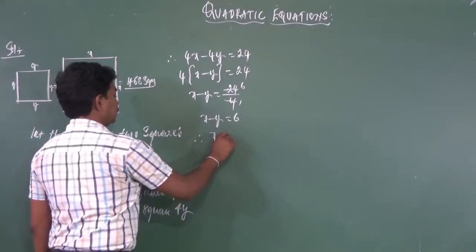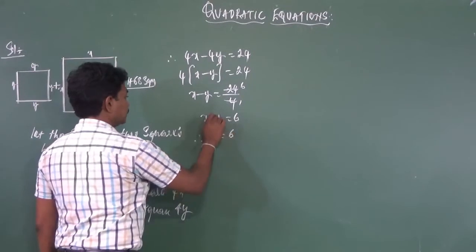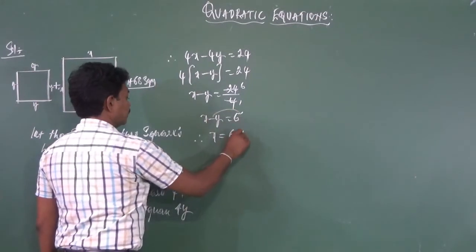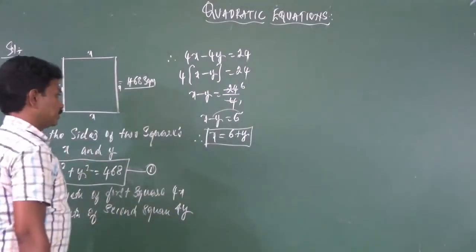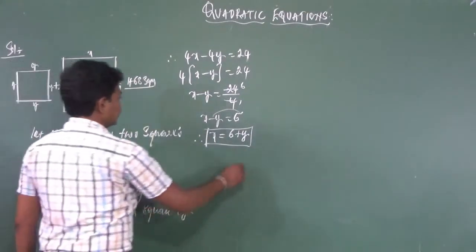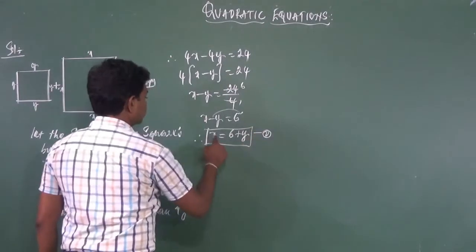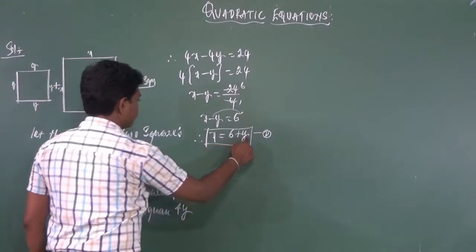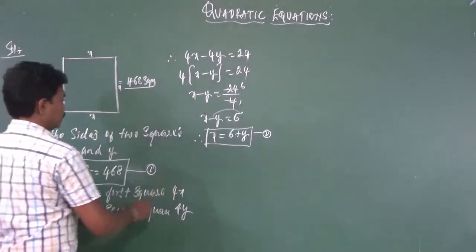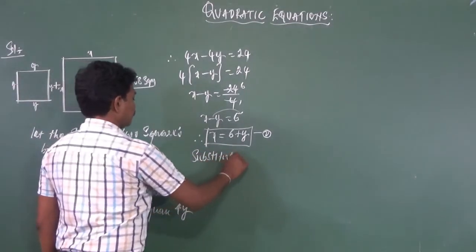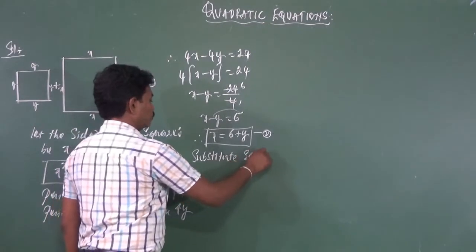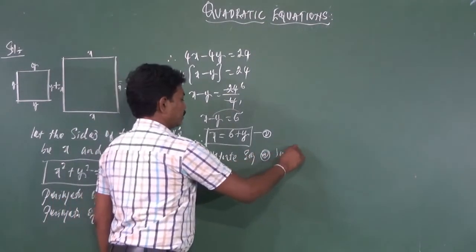Therefore x is equal to 6 minus y, get transposed here, it becomes plus y. So x is equal to 6 plus y. So now take it as equation 2. So now we will substitute the value of x, that is 6 plus y, in equation 1. So substitute equation 2 in equation 1.